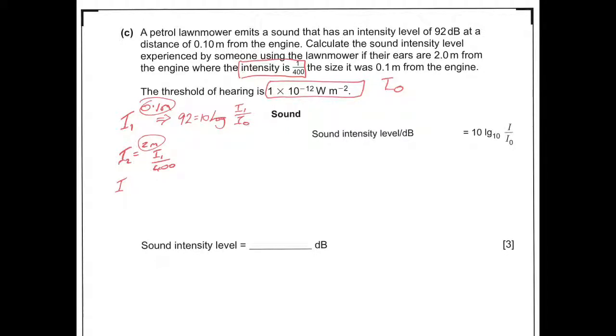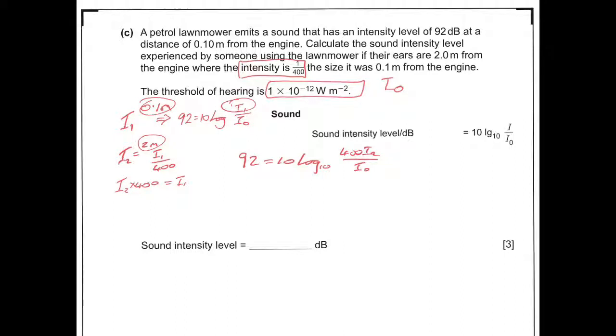So what we can do is say that I2 times 400 is the same as I1, and that means this can be put into the original equation, so we can write that 92 equals 10 log base 10 of I1, which is 400 I2, over I0.